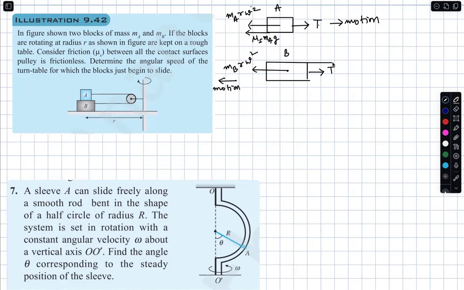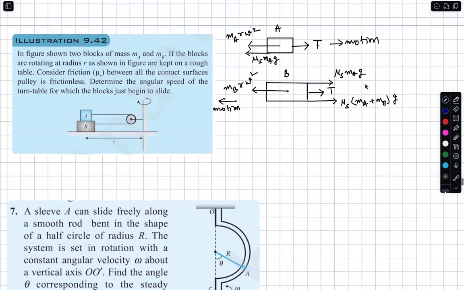You will have a reaction over here, which is mu S MA g. Now the block is moving leftwards. So therefore friction again comes into the picture: mu S times MA plus MB g.